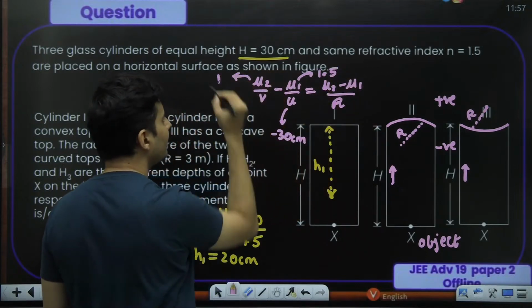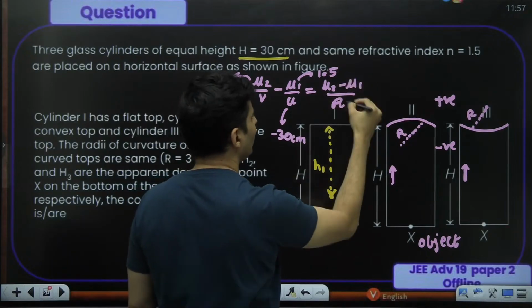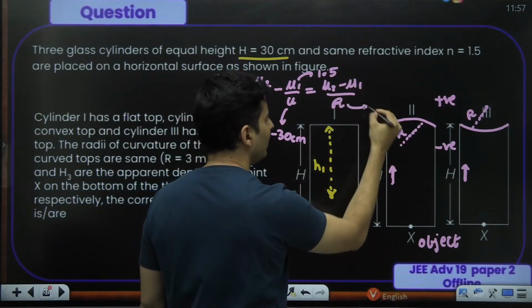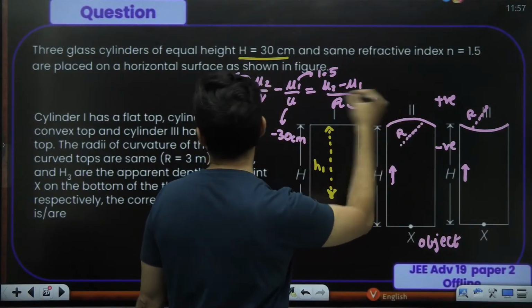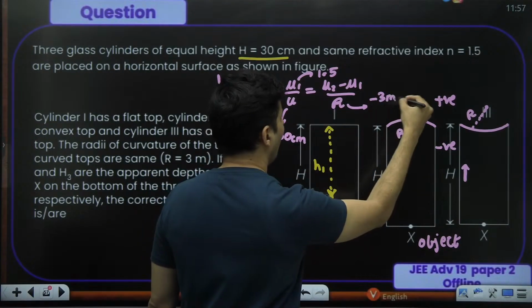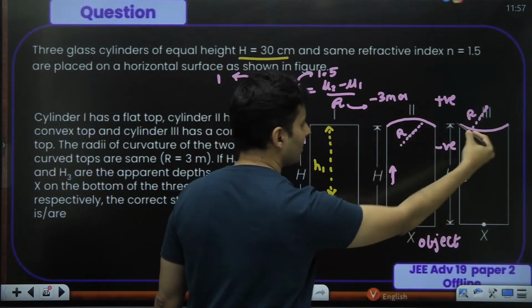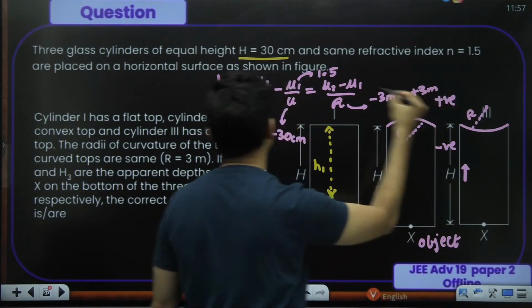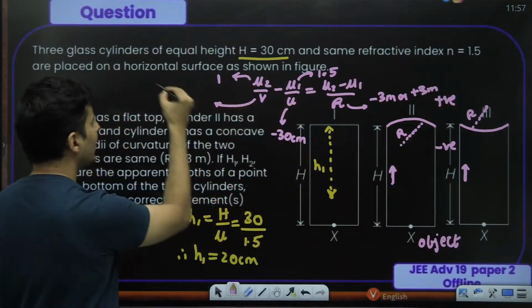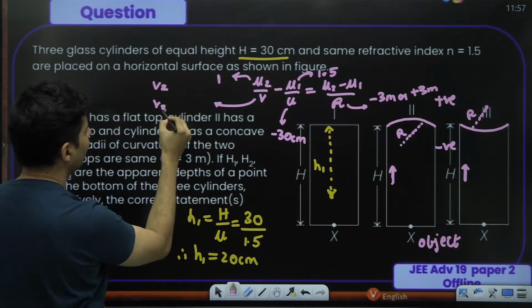This will be 1. And R will depend. For the second scenario, it will be negative 3 meters, or for the third diagram, it will be on the positive side, so it will be plus 3 meters. So accordingly, you will get two values, V2 and V3.